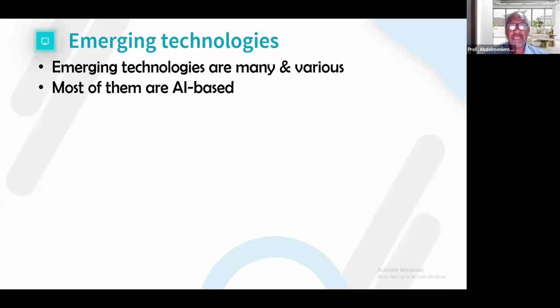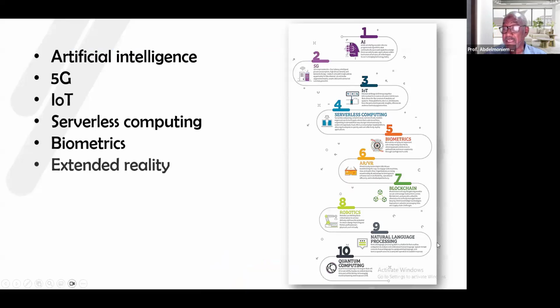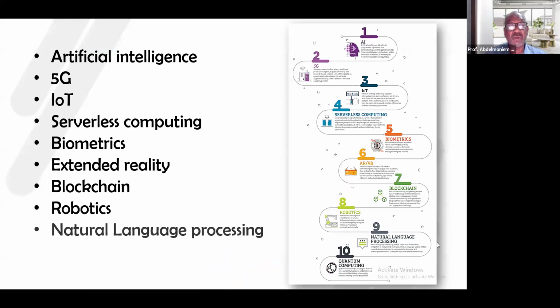Artificial intelligence, as such, is an emerging technology, but other emerging technologies are actually based on artificial intelligence. If we have a look at this list of the different technologies, you can see artificial intelligence is number one, but 5G, Internet of Things, serverless computing, biometrics, extended reality, blockchain, robotics, natural language processing, and quantum computing are usually in any list you are going to find.